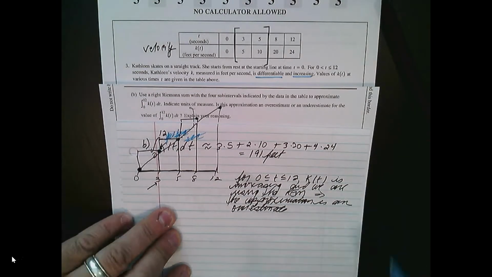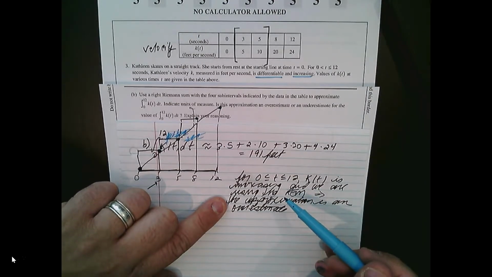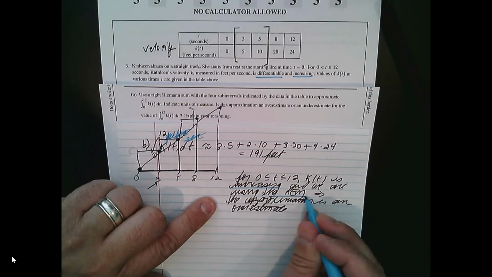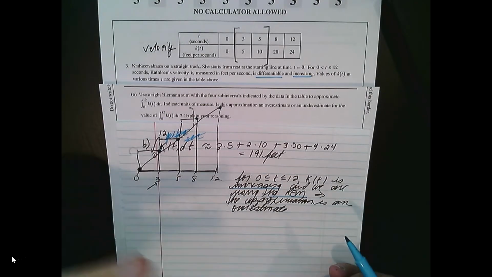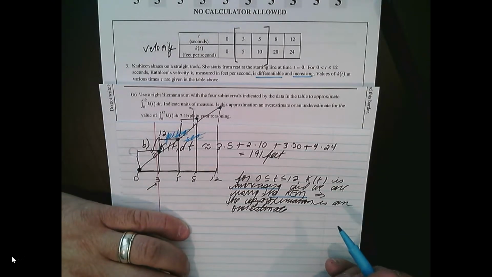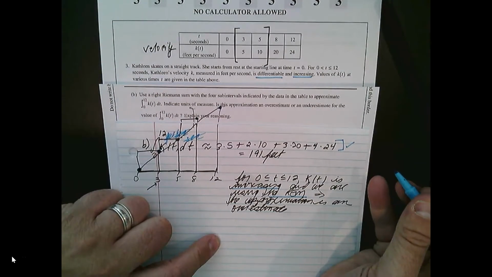Whenever you're doing problems like this, your justification has to involve two things. You have to tell me what the function is doing, and you need to tell me about the method being used. Putting those two things together gets us what we need. So in terms of awarding points, the setup here gave you the first point.